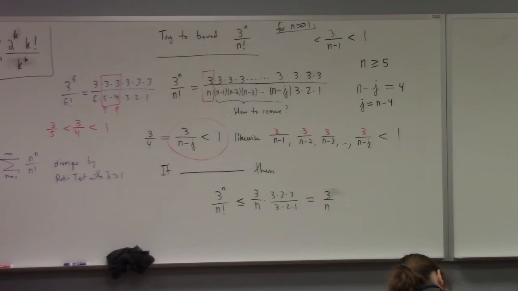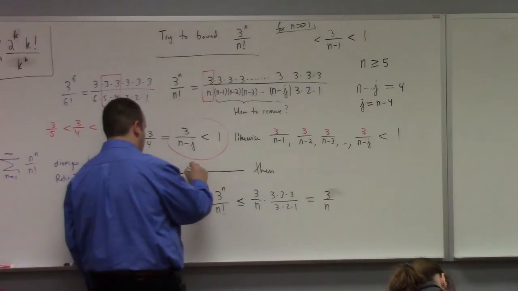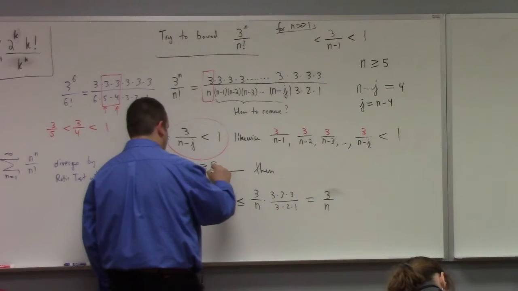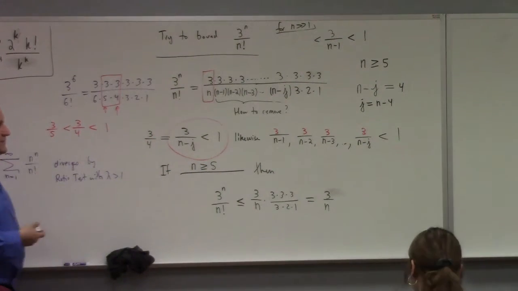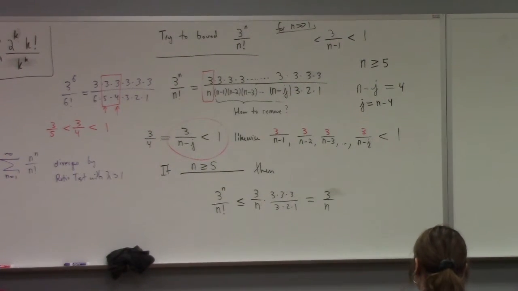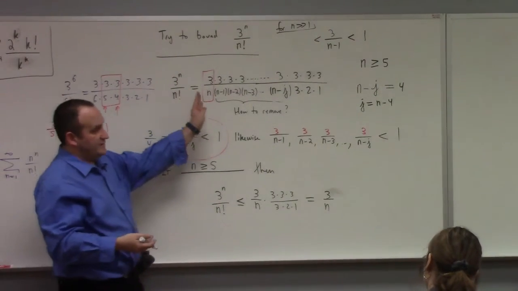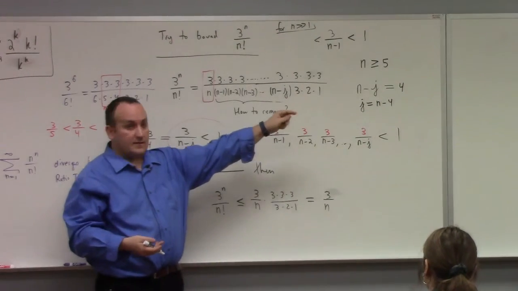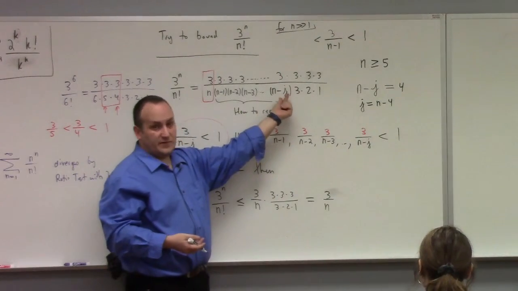So do we need any condition on n? Not really, right? What do we just need? We need n greater than or equal to 5. If n is greater than or equal to 5, then what I've written, this pattern, to recap, if n is greater than or equal to 5, I can write this expression. Then this is 3/4, right?